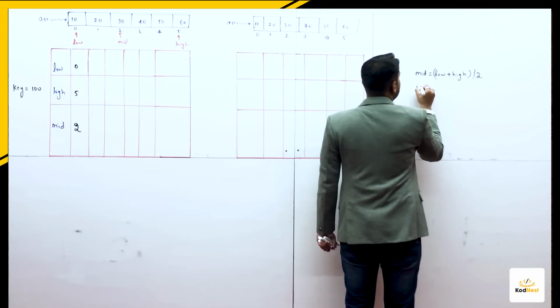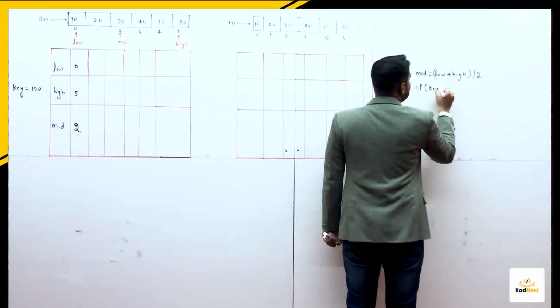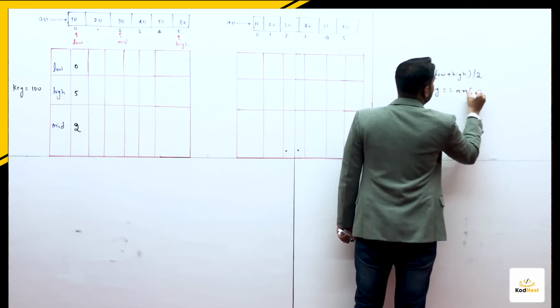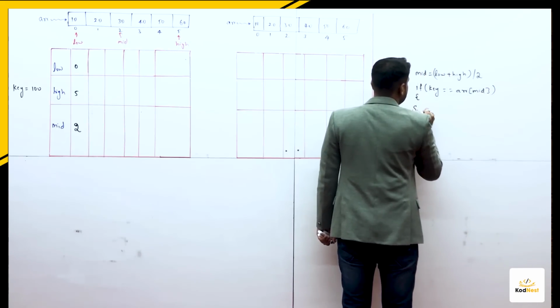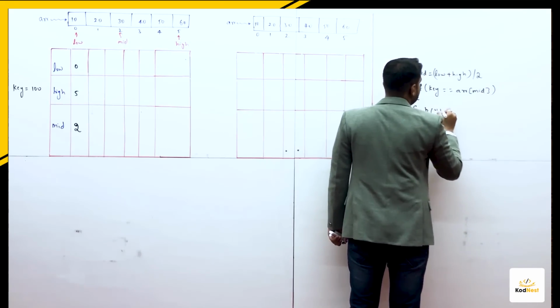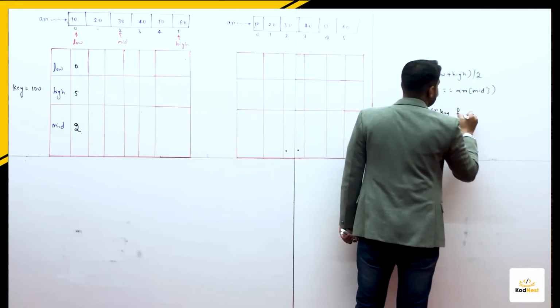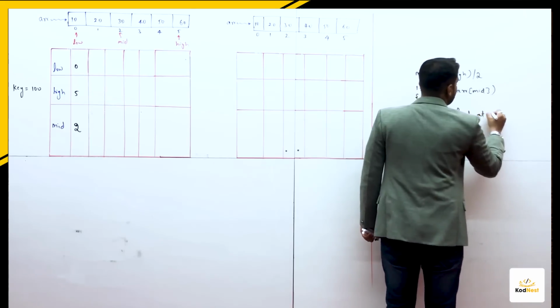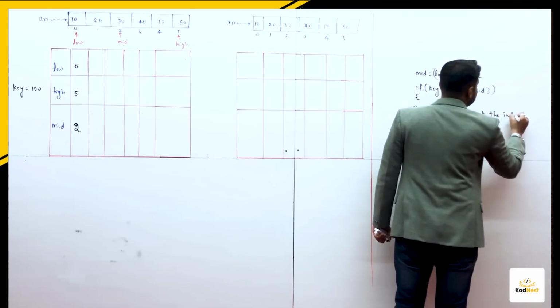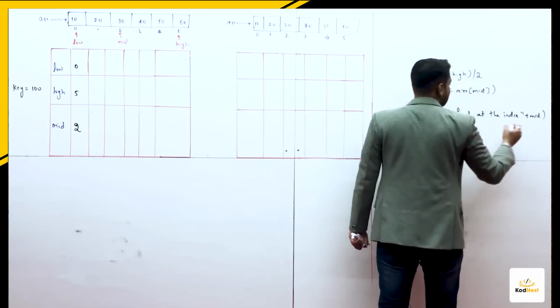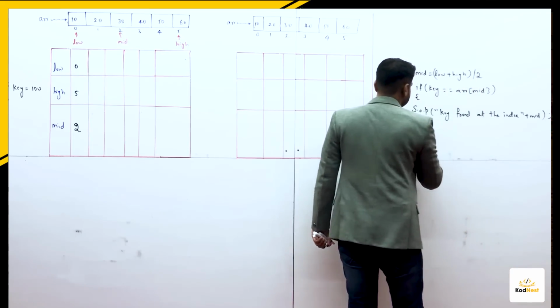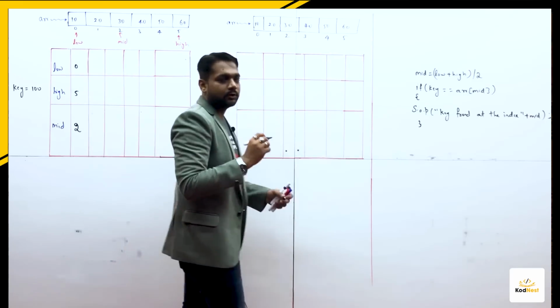Then you have to check if the key matches with array of mid or not. If it matches, really very good, we will print System.out.println key found at the index, whatever is there in mid. Fantastic. Good.